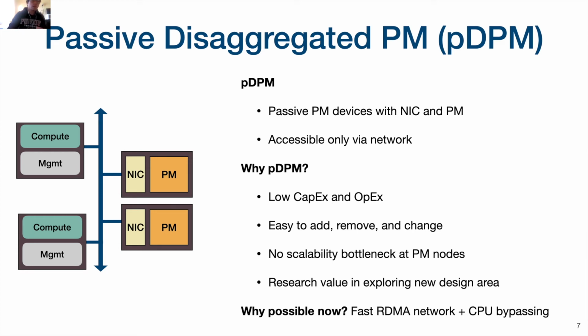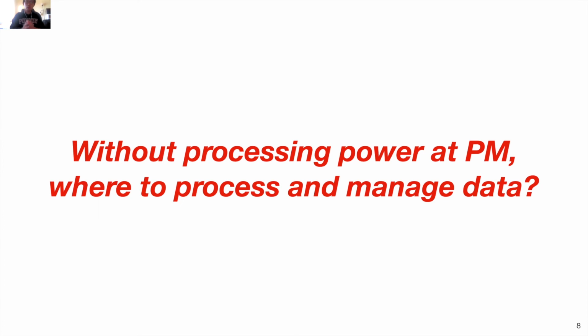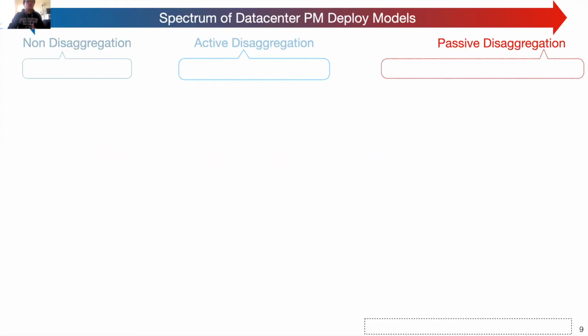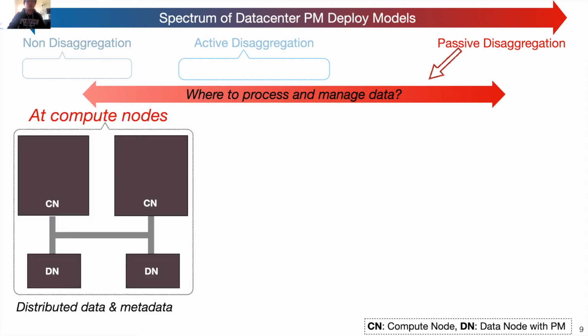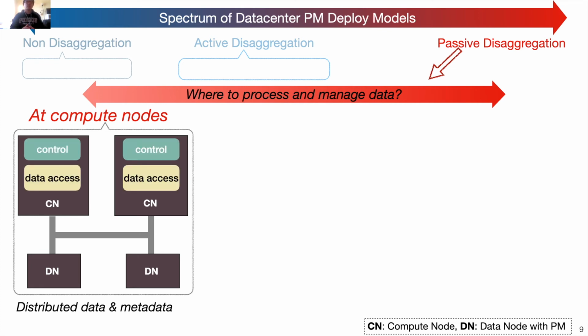With this new model, the natural and most important question is: without the processing power at the PM, where and how shall we process and manage data? The most straightforward way is to run everything, including data access and PM management, at the compute nodes, or CNs. This architecture essentially distributes data and control planes to all CNs.